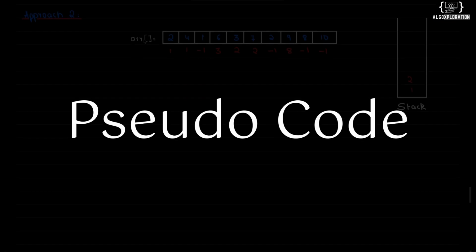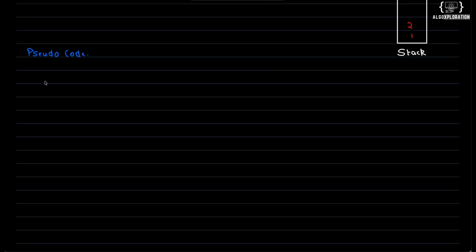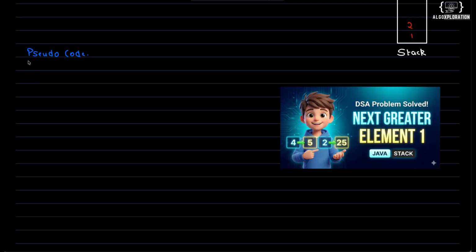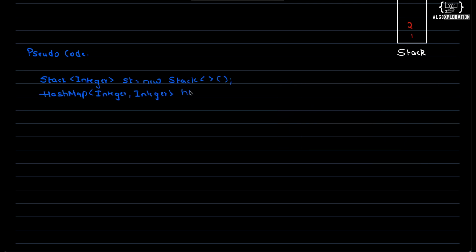Now let's talk about pseudocode. First, I will create the hash map as well as the stack. Why I'm creating the hash map, you can refer to my previous lecture. So in this way you can create the stack as well as the hash map. Here I have used Java.